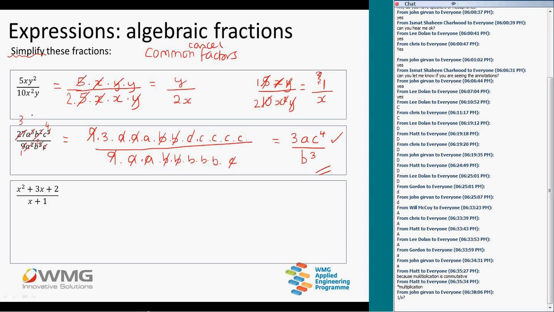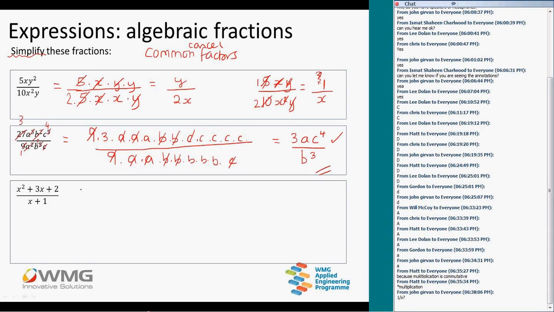Okay, full marks to check when doing so. If I'm told that I have to simplify this fraction, I know that I'm going to have to factorize. What I've got down here is x plus 1, and I've got an x with an x up here.